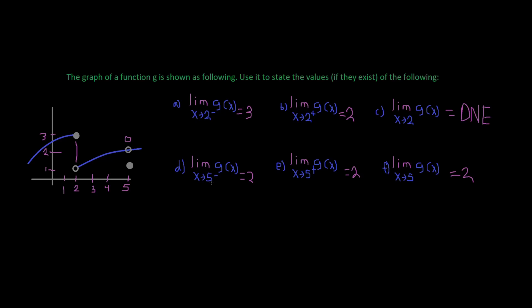So just take note of that. We know that g of 5 does not equal 2. So for the given point, it does not equal 2. But for the limit, it equals 2.